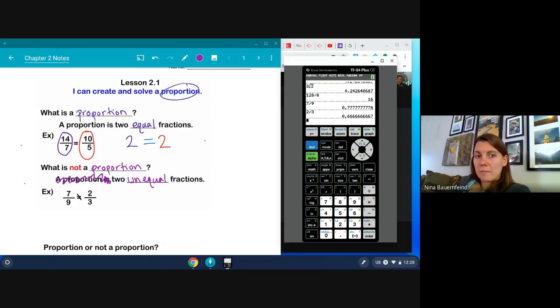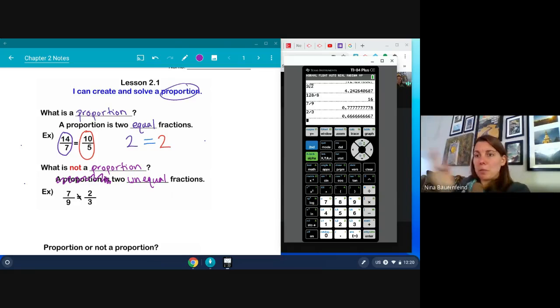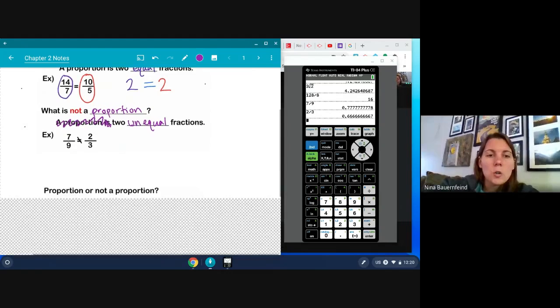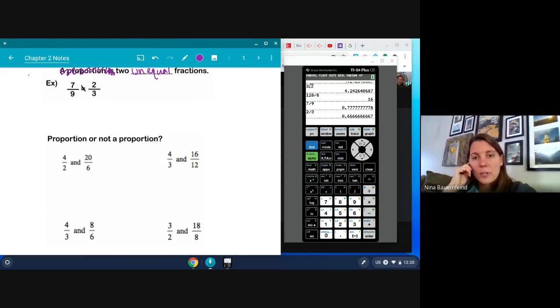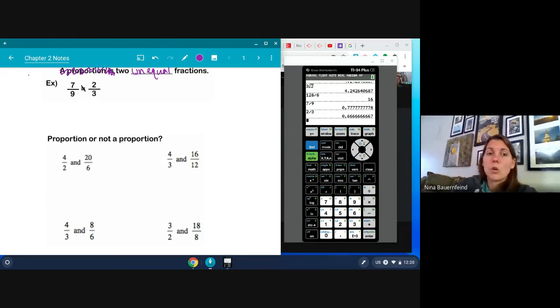Would that be fair? No, because we split it 50-50, right? So if we paid half and half to purchase it, then when we sell it, we should each get half and half, right? Does that make sense? It's proportional.